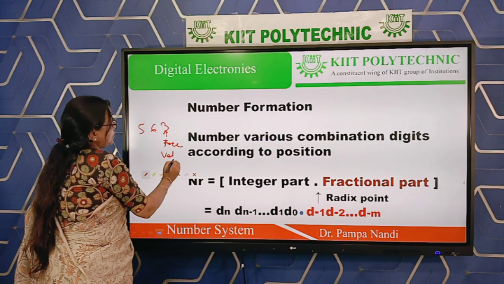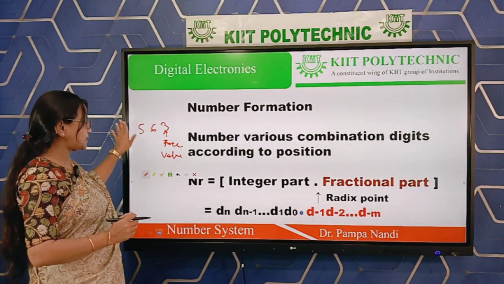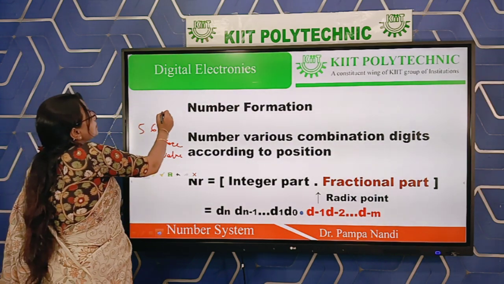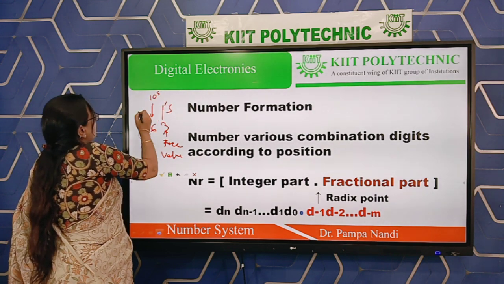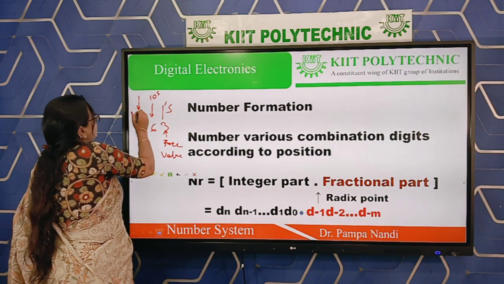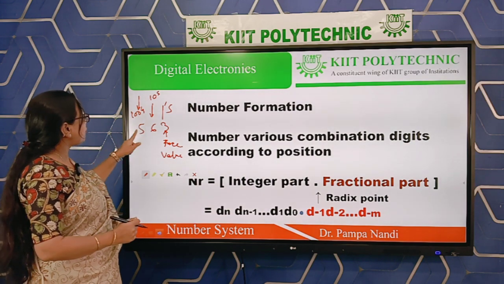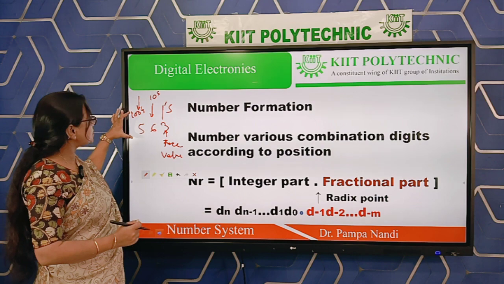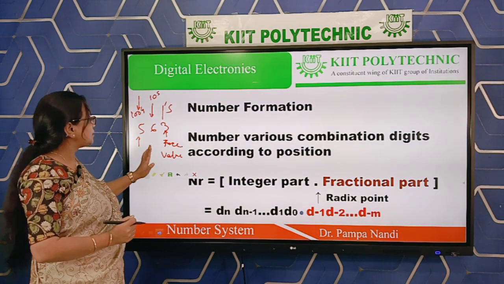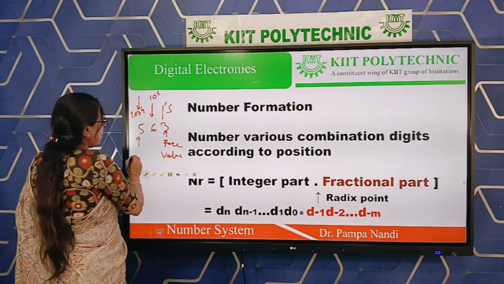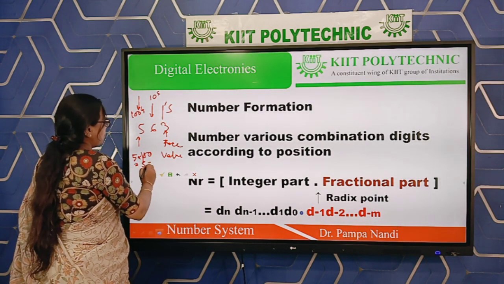And when the digits sit in some room, suppose this is the ones room, this room is the tens house, this room is the hundreds house. In 563, if 5 is sitting here, what is the weight of this face value, the place value? Face value is the digit. The place value is 5 into 100 equals 500.